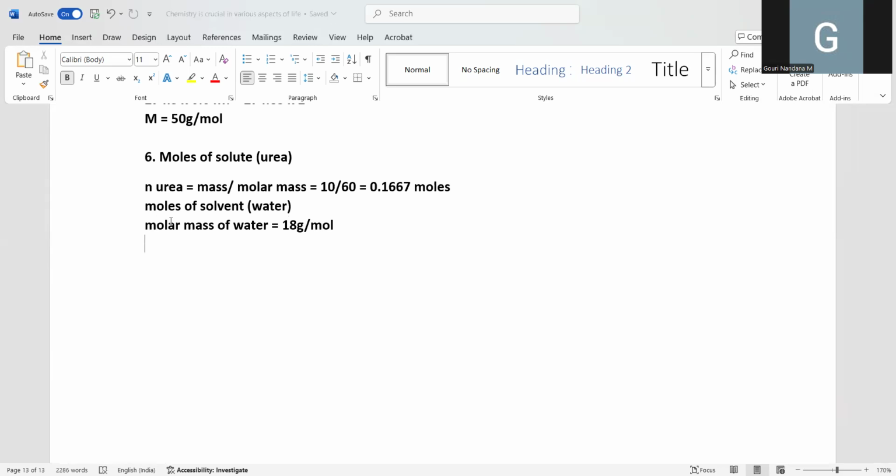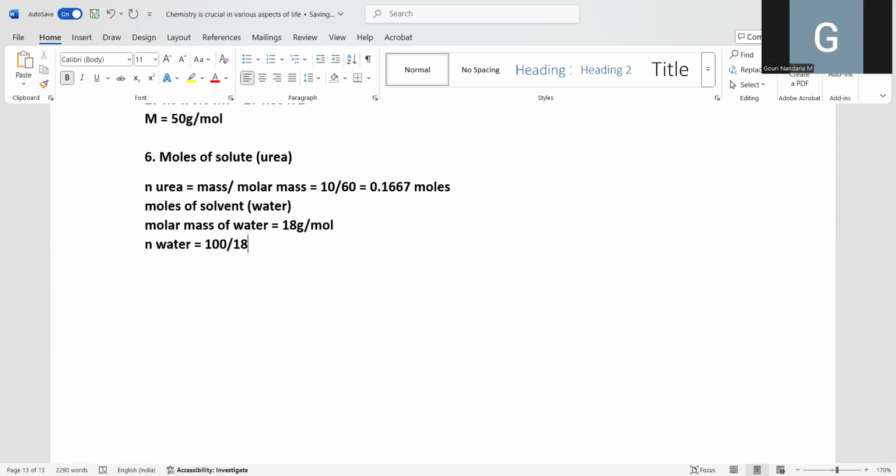So what will be N water? N water is equal to mass divided by molar mass. Mass is 100, it's given in the question, 100 gram of water. So 100 divided by 18. The molar mass of water is something we need to know, that is 18 gram.